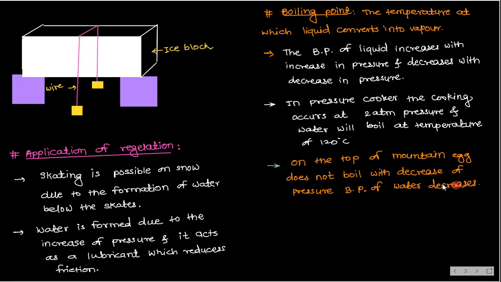Boiling point of water decreases, and that's why it is difficult, we can say, on a mountain to cook food. Even we will feel that water is boiling, but still the food or egg will not cook. Why? Because the pressure is less. That's why the boiling point is also less. It is less than 100 degrees Celsius, and that's why food will not get cooked. Okay, note down.